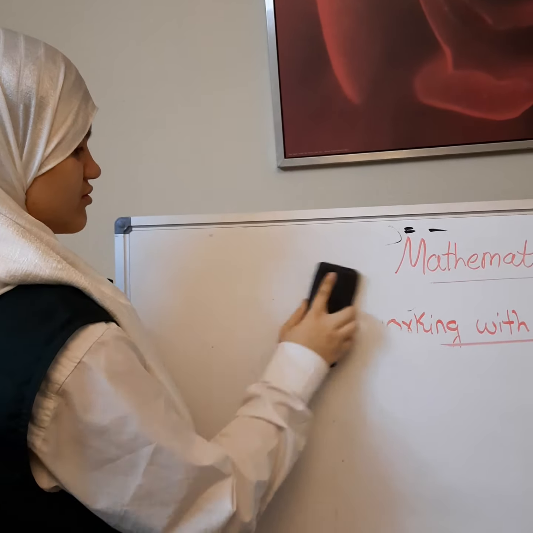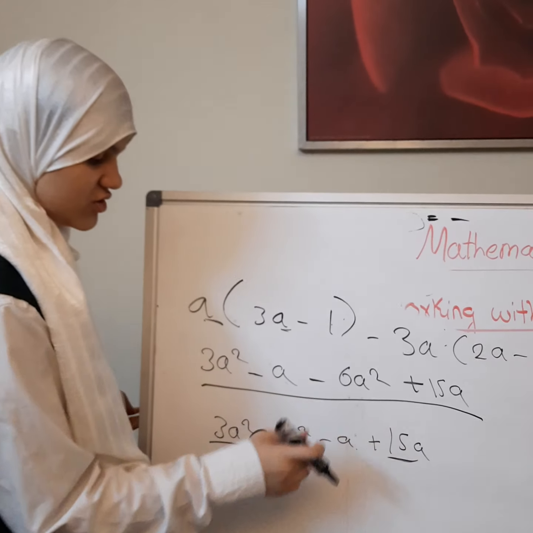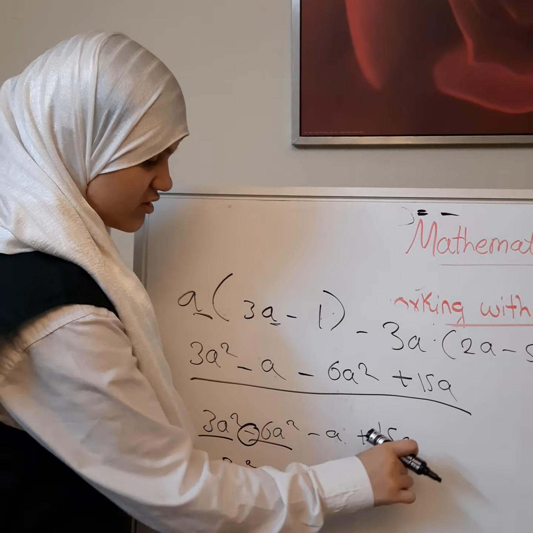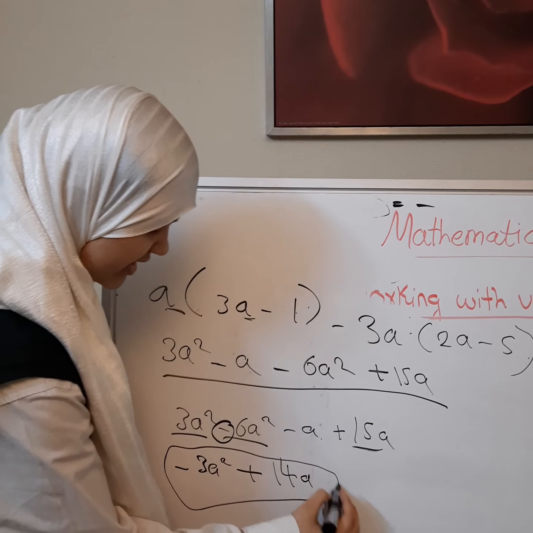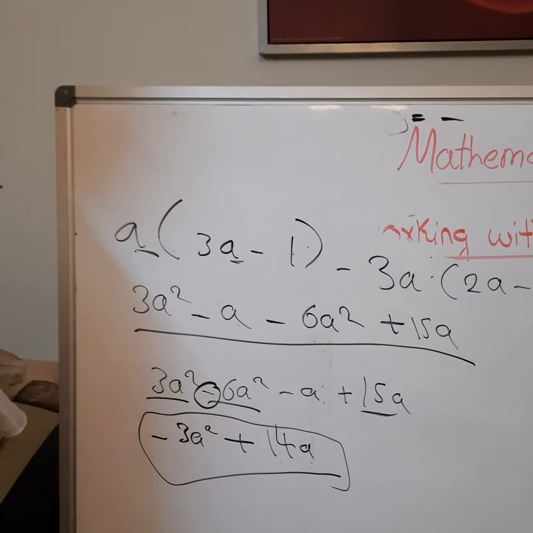What's the big number? 15a. That means it will be positive 15a minus 1. If the variable is alone, that means it has 1. It is always 1, but we are not writing 1 in front of it, okay? So it will be 15 minus 1, which is 14a. That will be the final answer: negative 3a squared plus 14a.